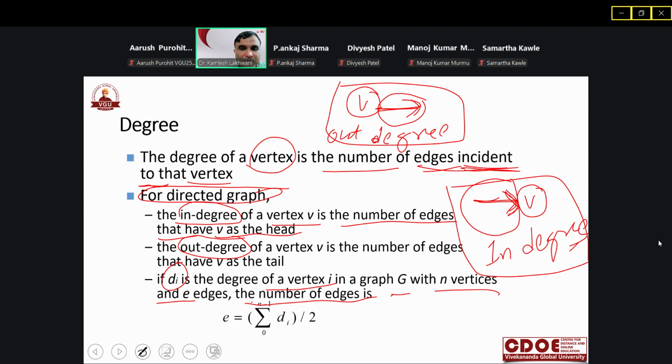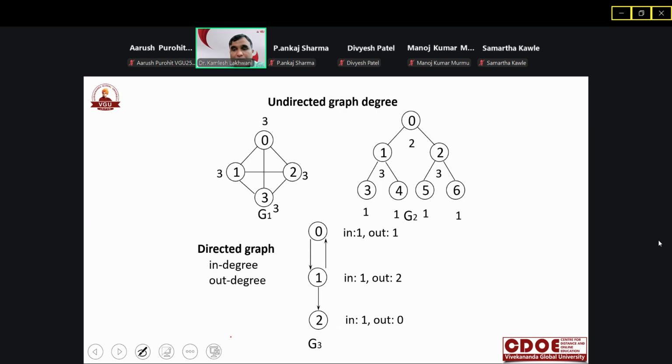Just have a look. The number of edges e is equal to the summation of d_i from 0 to n minus 1, divided by 2. So with the help of this formula, we can calculate the total number of edges.